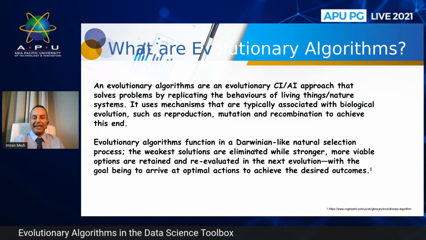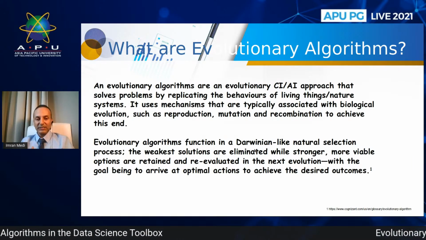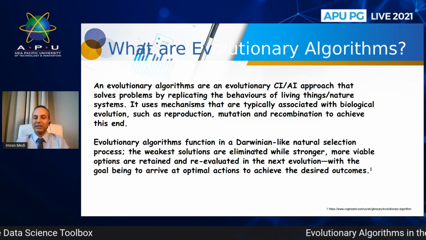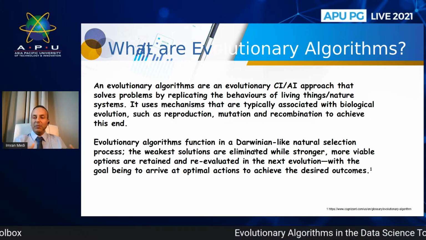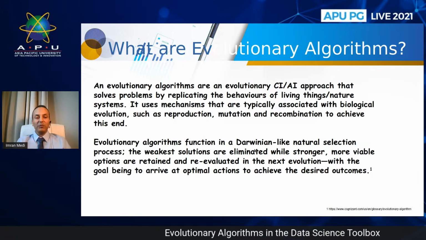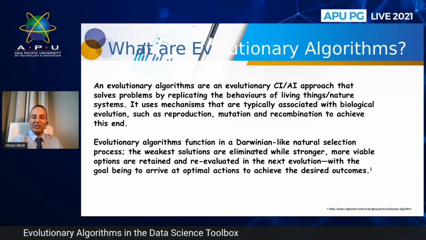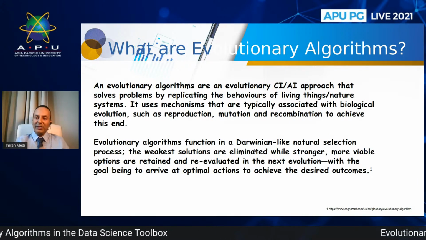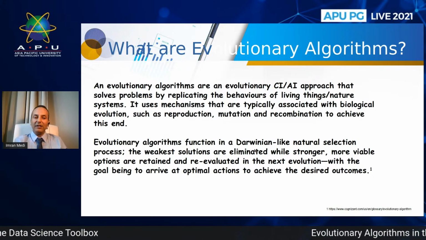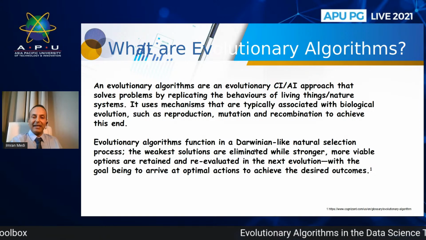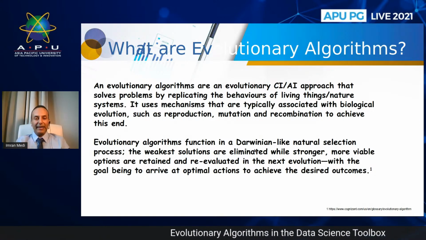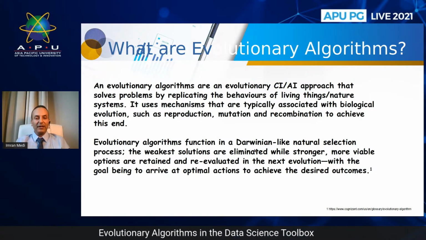And the idea is that the Darwinian survival of the fittest natural selection concept, whereby the best solutions to a problem perpetuate from generation to generation, okay, or that information is passed to the next generation, and weaker generations are discarded, okay, or allowed to die out. So that's the basic idea.